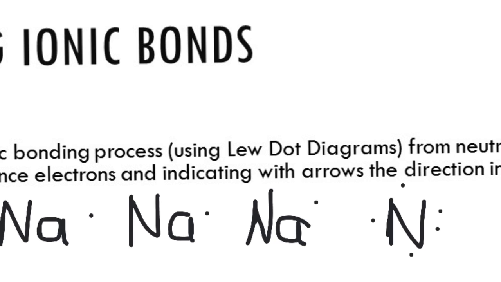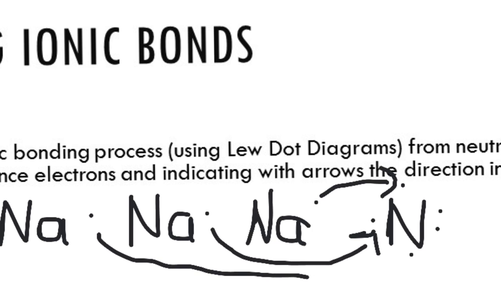All right, so we'll show that all these valence electrons from the sodium go over to the nitrogen to fill up its valence shell, so that it has 8 total electrons in its valence shell.